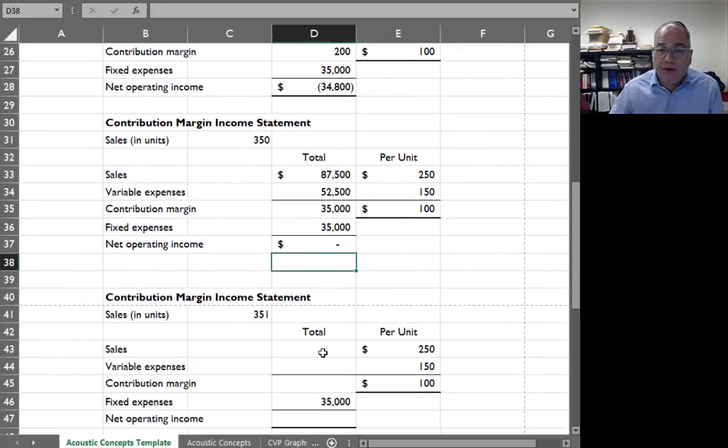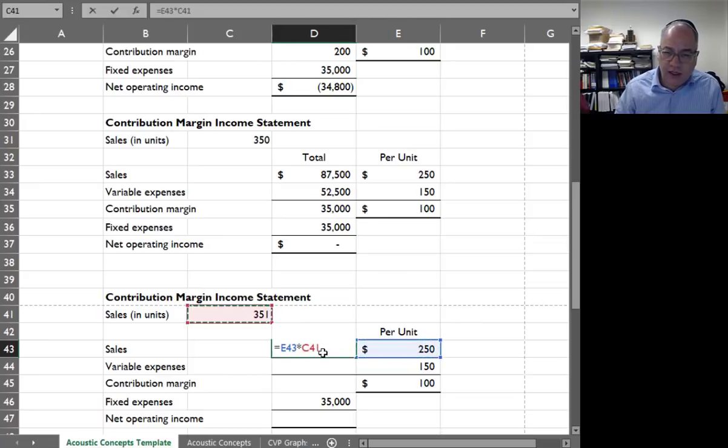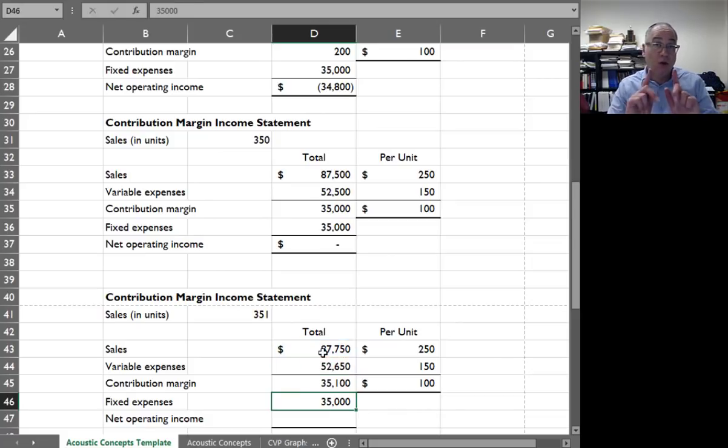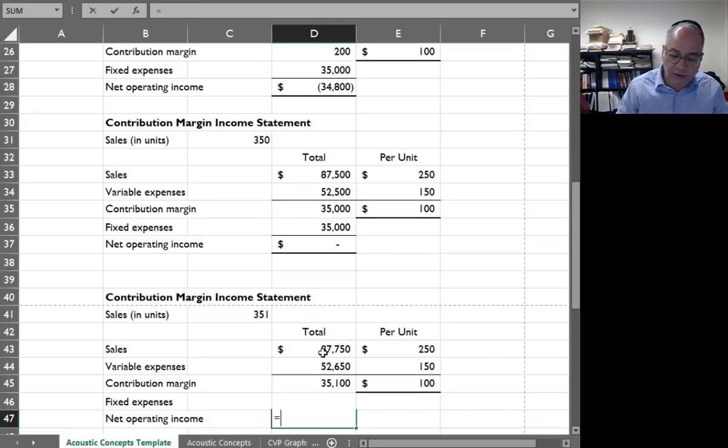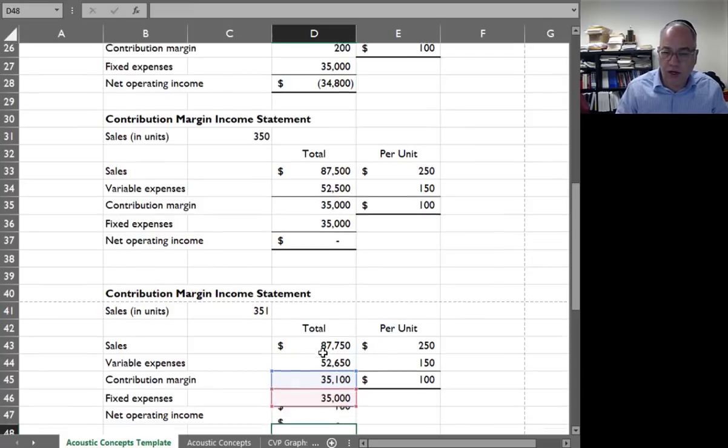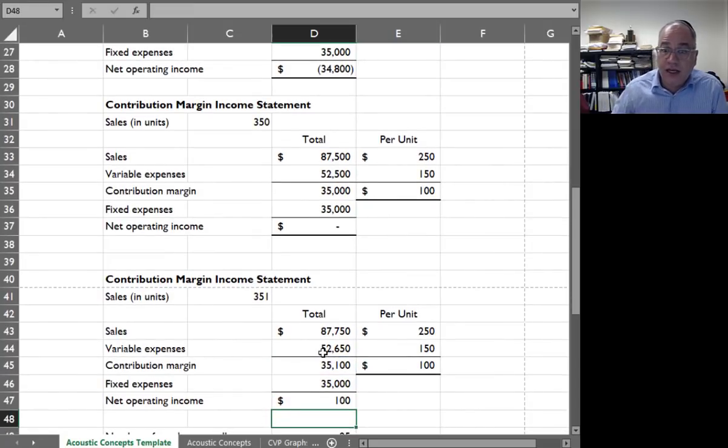What would happen if you sell 351? 250 times 351 is $87,750. 150 times 351 is $52,650, and that would give you a contribution margin of $35,100. So $35,100 minus $35,000 is $100 net operating income.